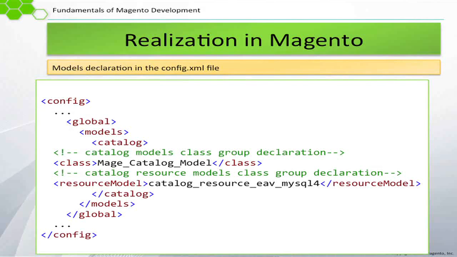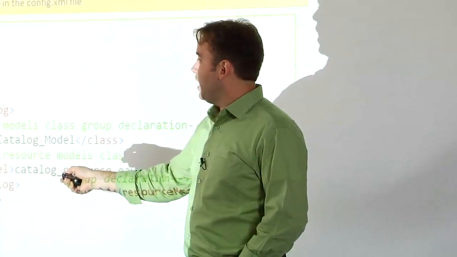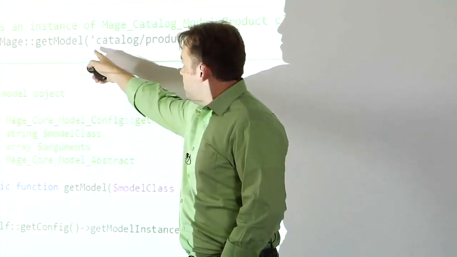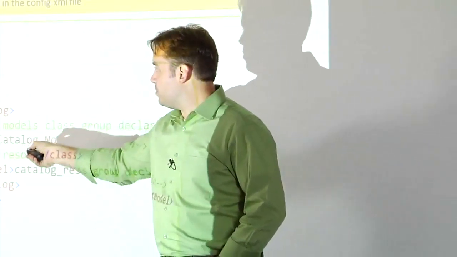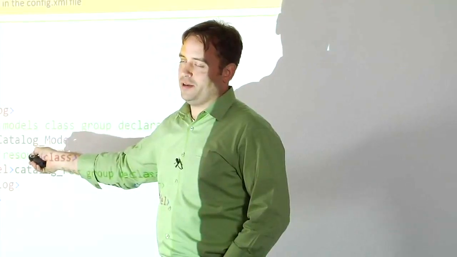So getModel uses the configuration object to look in global, in the models tag, and then we'll try and match this against something under models. Okay?